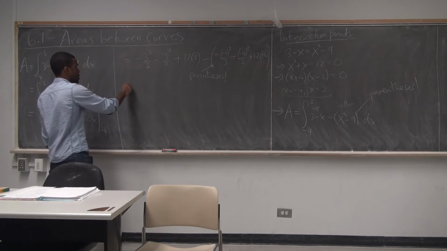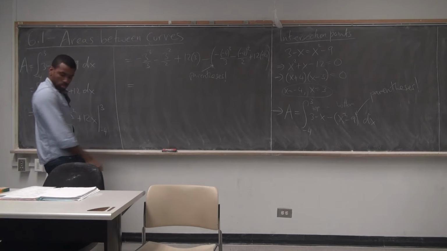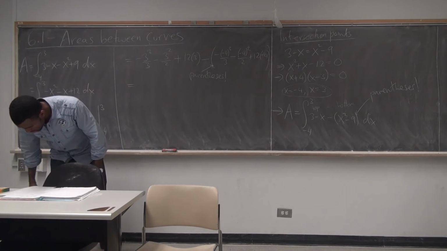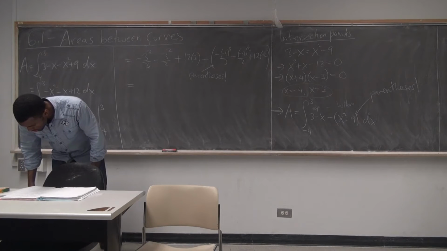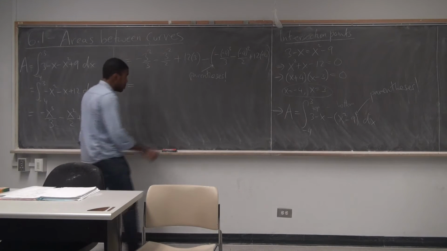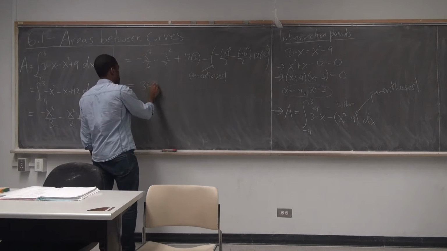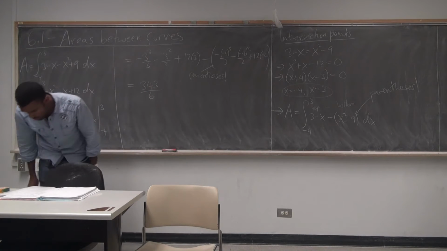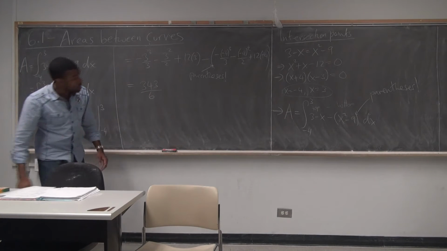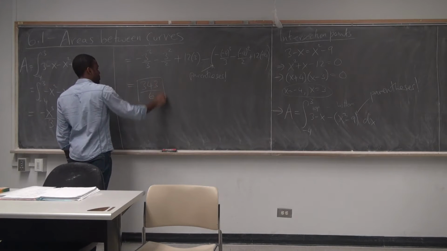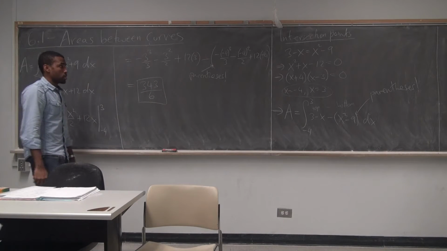And then you just compute that answer, which I think I already did. So let me just tell you what the answer is. So you'll do that, you get 243 over 6. When you create the common denominator and all that. That's the area between the curves.